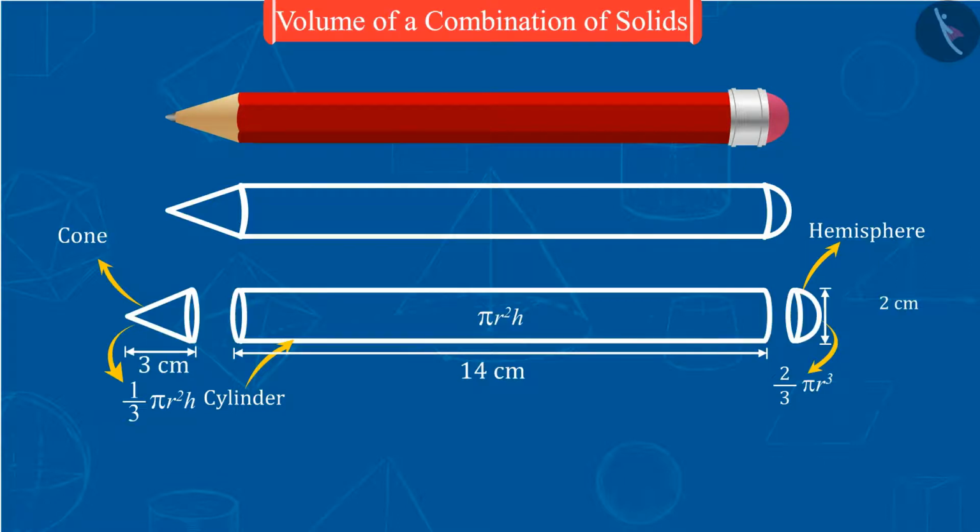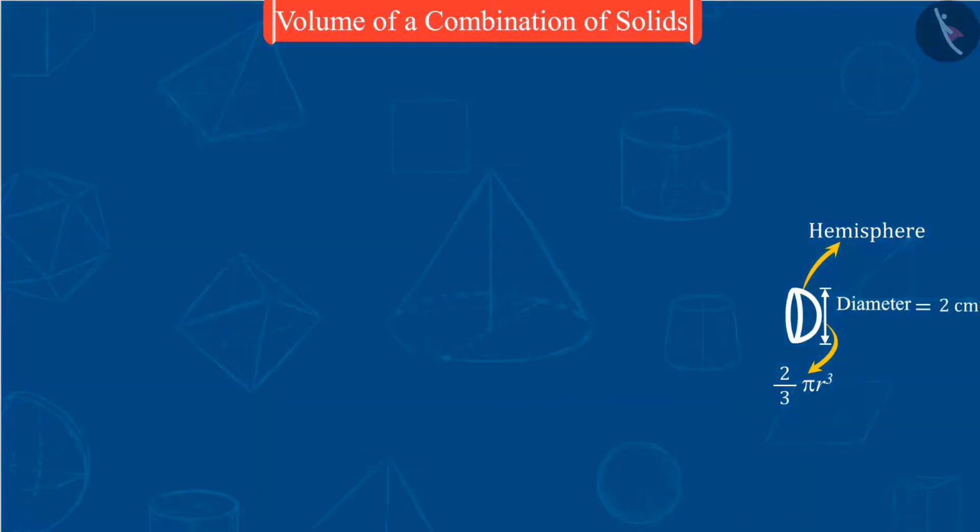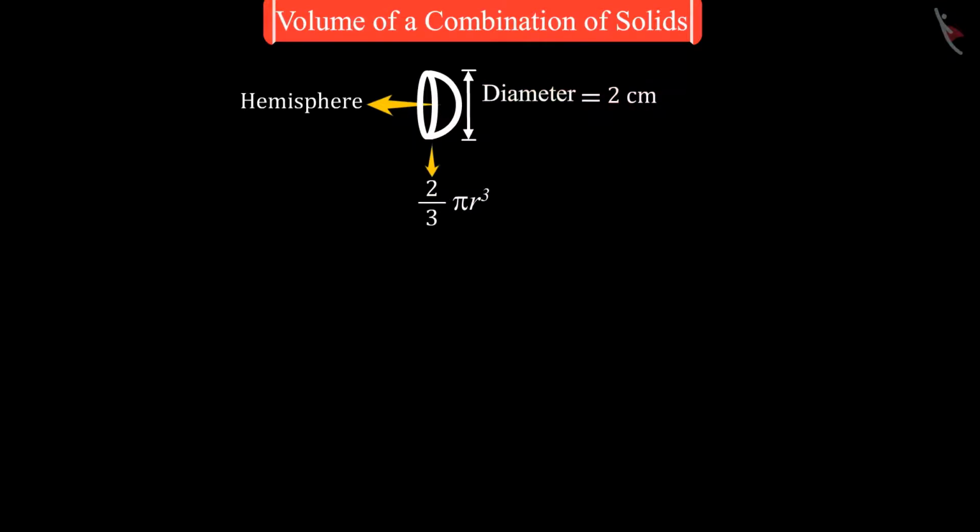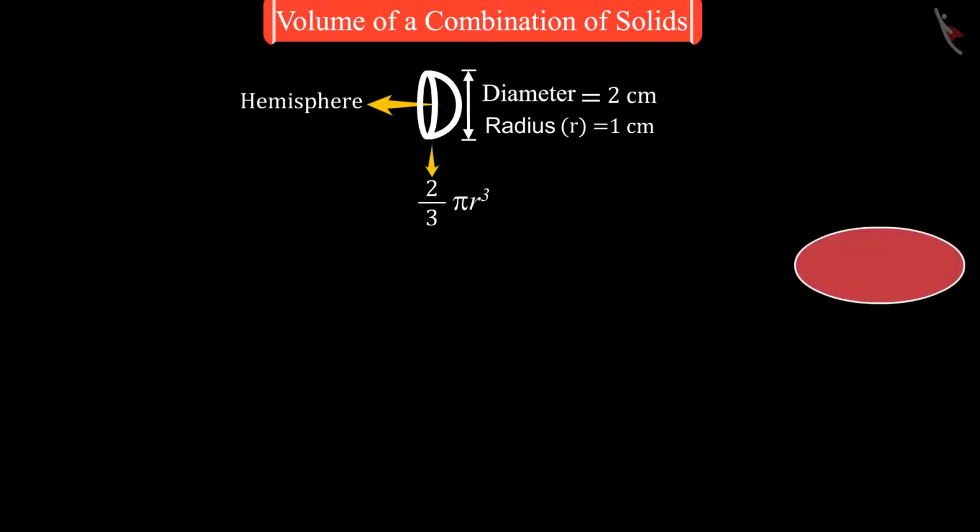Can you see that the diameter of this hemisphere is 2 centimeters? Then, what would be its radius? Correct! The radius of this hemisphere would be 1 centimeter. Also, we know that the value of pi is equal to 22 upon 7 or 3.14.